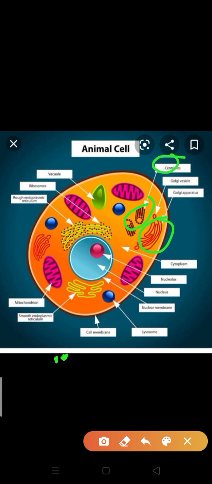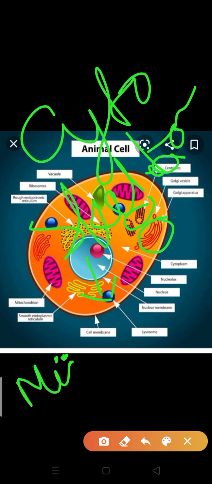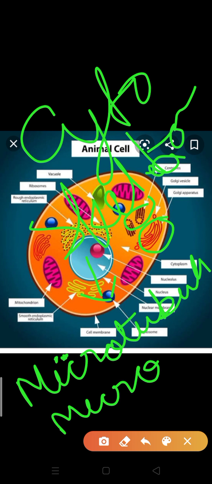Next thing is about the cytoskeleton. Clear? What is the cytoskeleton in the case of a cell? Cytoskeleton is also of two types in the case of animal cell. The first one is microtubules, and the second type of cytoskeleton is microfilaments.